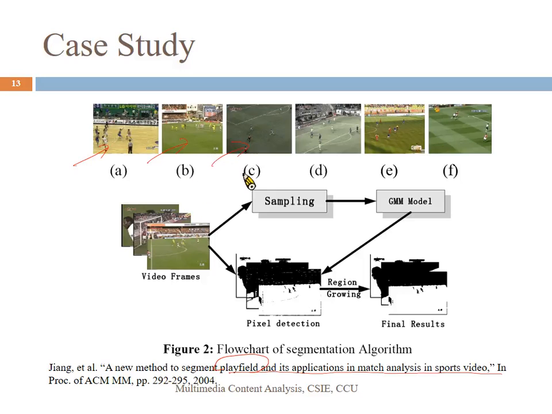And taking the soccer field, for example, we can imagine that the soccer field is mostly green, right? But we do have very many variations on green. We have light green, we have dark green, we may have shadow on green. So actually, it is not appropriate if we just define the soccer field as green. It's even not accurate if we just set up a color range corresponding to the soccer field.